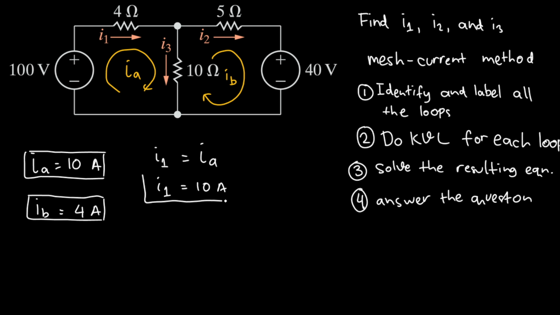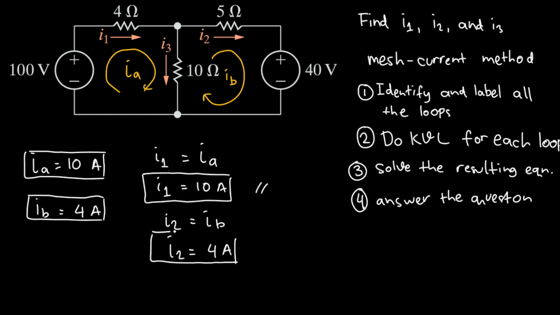Here is one of the answers that is asked by the question. And then what else? I need to find out I2. Again, I2 is the only current that passes through this 5 ohm resistor, and that is this loop current there. So I will have IB here. So I will have I2 is equal to IB, which is 4 ampere.